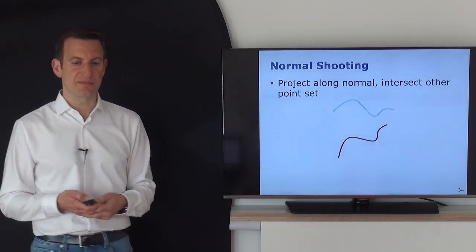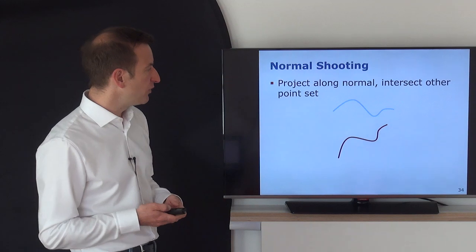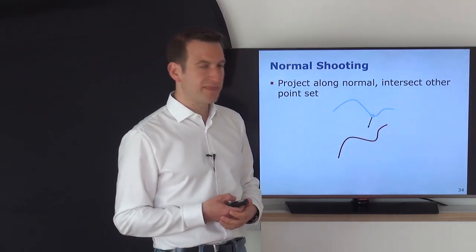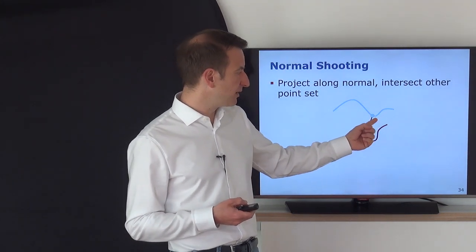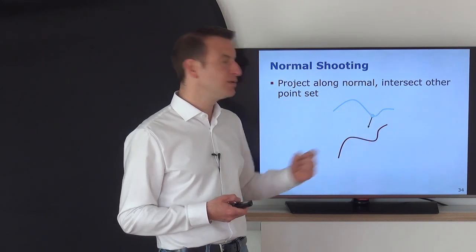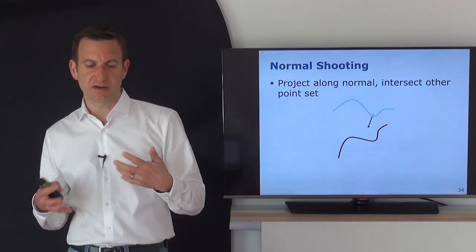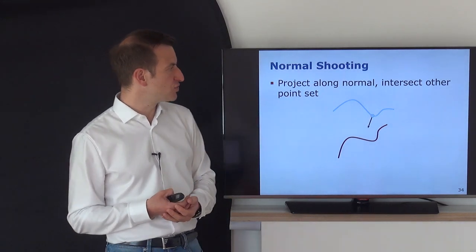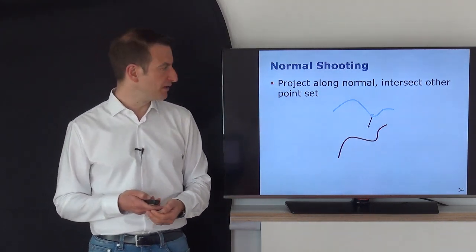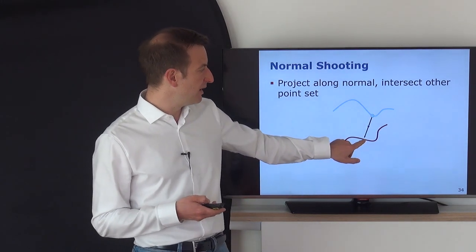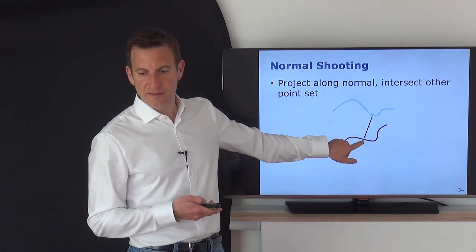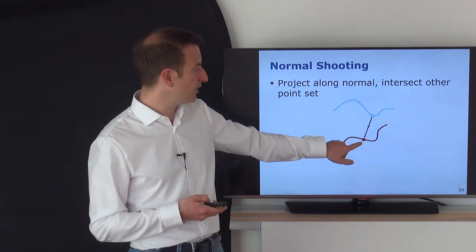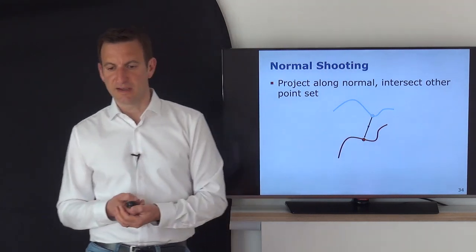The next thing you can do is something which is called normal shooting. So you take a point here and then you compute the normal based on the neighboring points and then shoot in the direction of the normal. This depends on which way the sensors have been recorded, so that this normal shooting approach can actually be an attractive way. So you basically shoot the normal up to this point here and then say, okay, this point here would now be my corresponding point, and then this is your data association.